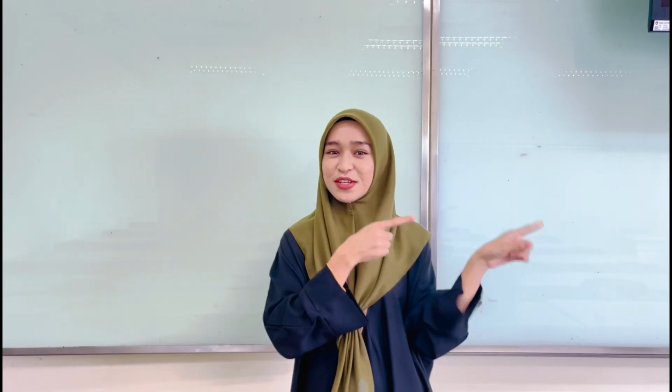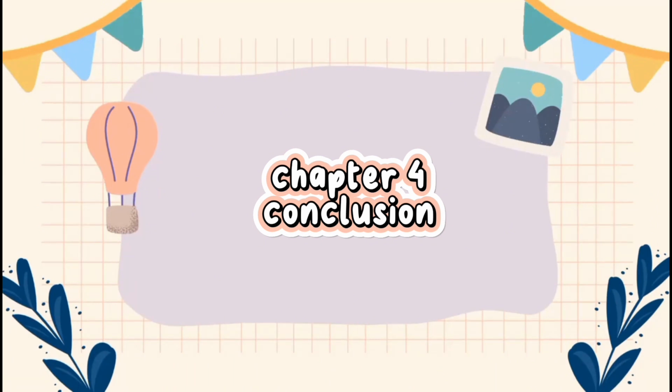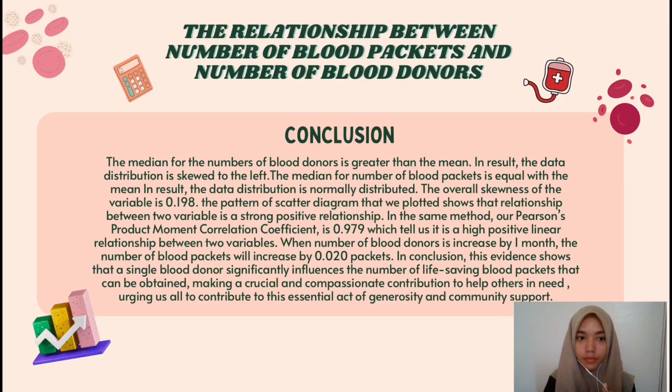Let's go to the conclusion. In this study, we can conclude that the median for the number of blood donors is greater than the mean. As a result, the data distribution is skewed to the left. The median for the number of blood packets is equal to the mean. As a result, the data distribution is normally distributed.